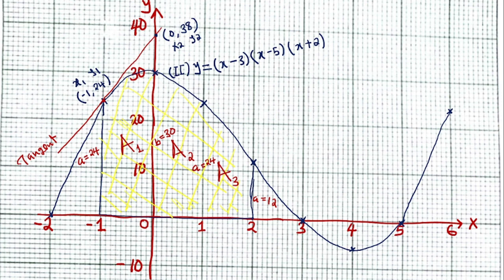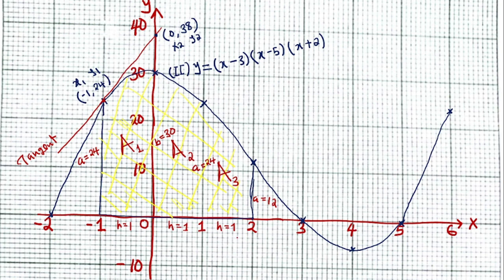As you can see, on A1 the height is 1, meaning from 0 to -1. A2, the height will also be equal to 1, meaning from 0 to 1. Then at A3, the height will also be equal to 1, from 1 to 2.